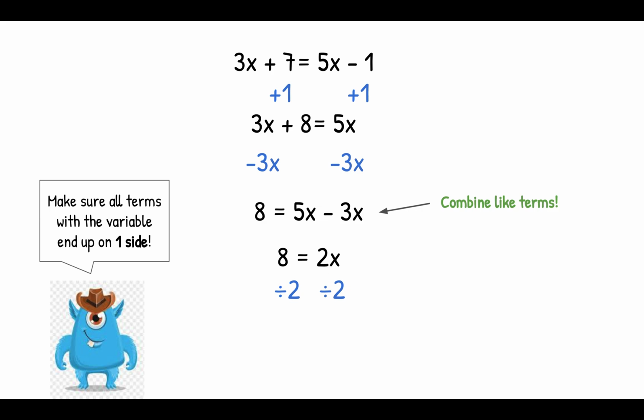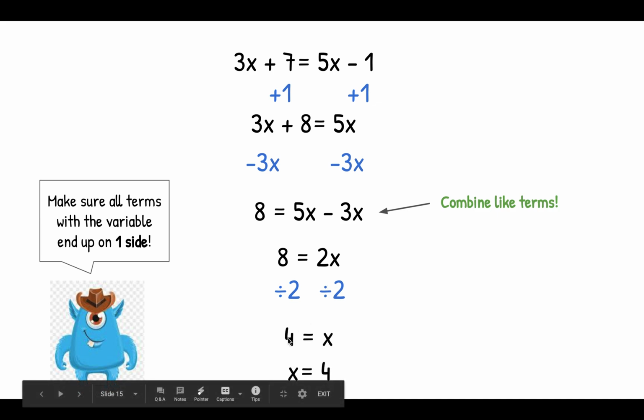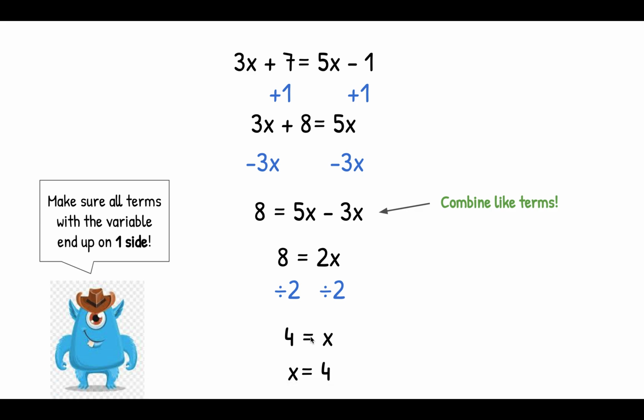And as we did in the last example, we need to divide by 2 because the inverse of multiplication is division. So that's going to be equal to 4 equals x. But whenever you're solving an equation, you always want the variable on the left side, so you can just switch them around, and that's going to be x equals 4.